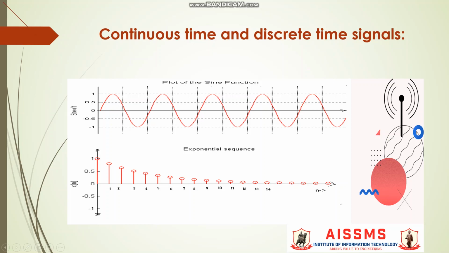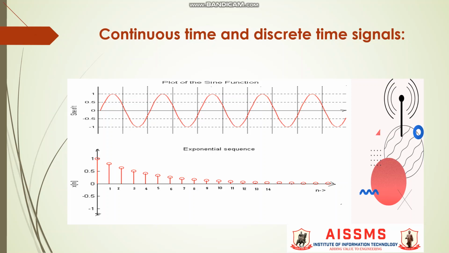The signal which is continuous in amplitude but discrete in time is known as a DT signal and is generally represented as x of n. Here a DT signal is shown, which is a decaying exponential signal.